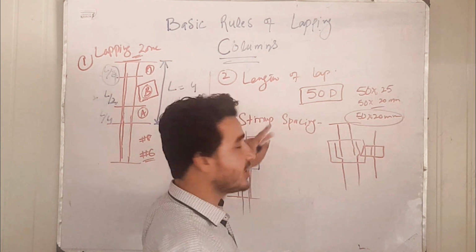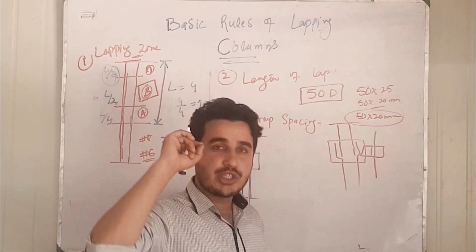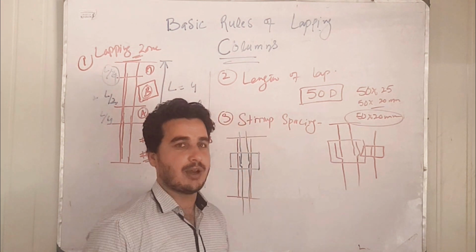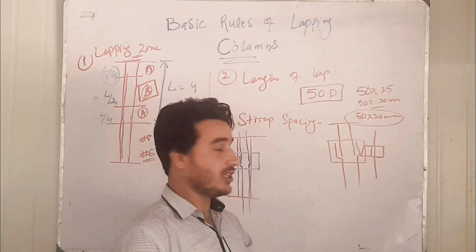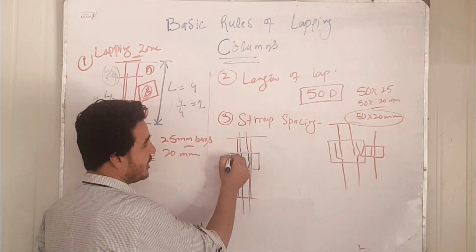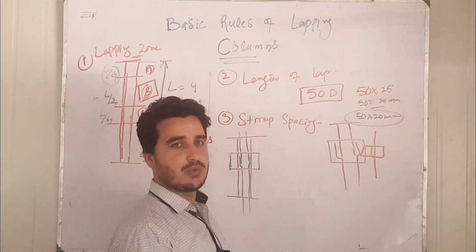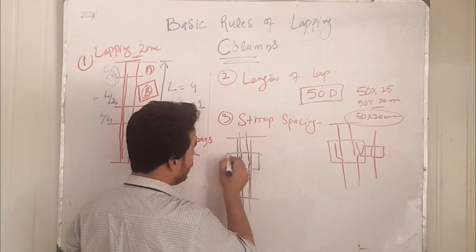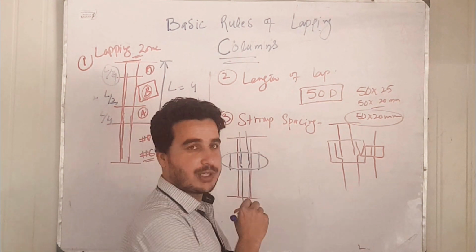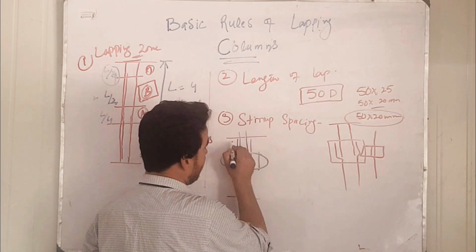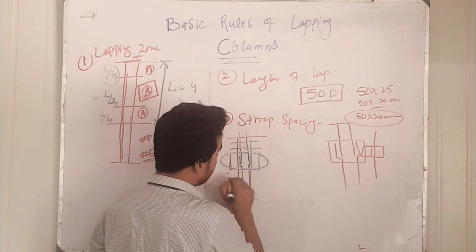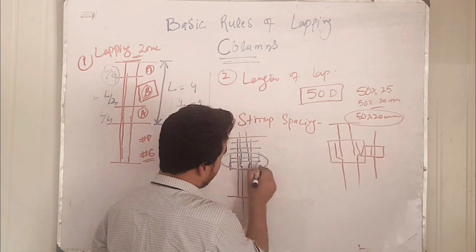We all know that stirrups are used for shear and also for buckling phenomena. We will be talking about it somewhere else, that why stirrups are used, but here this is a weak point, and to strengthen this weak point we will have to use extra reinforcement here, in the form of stirrup spacing.